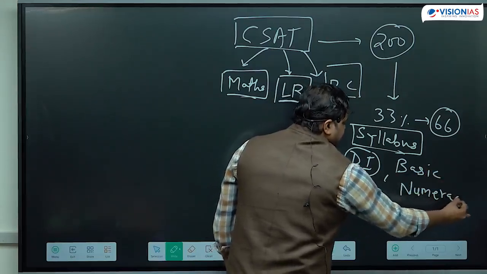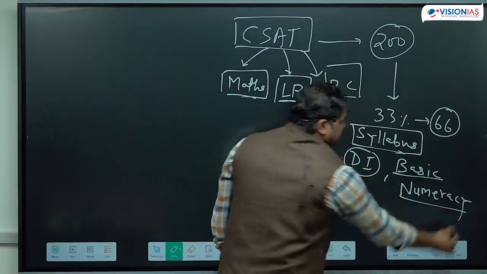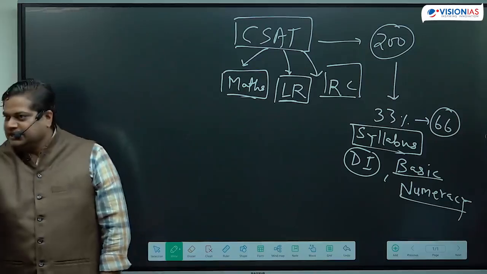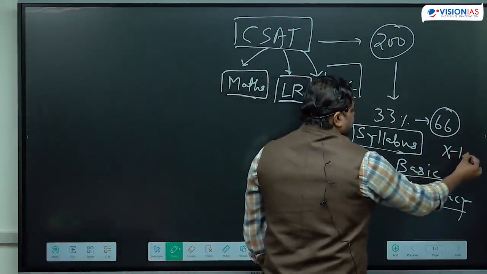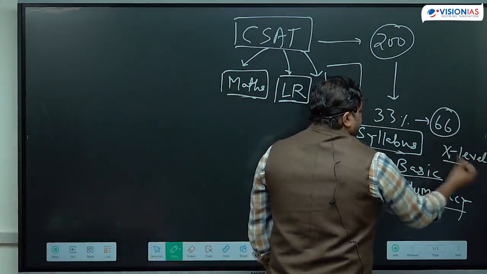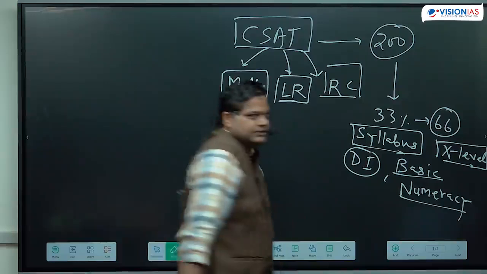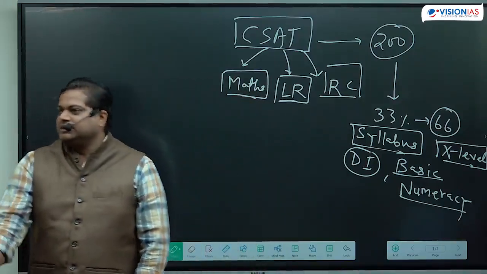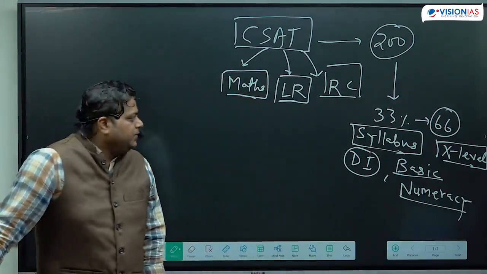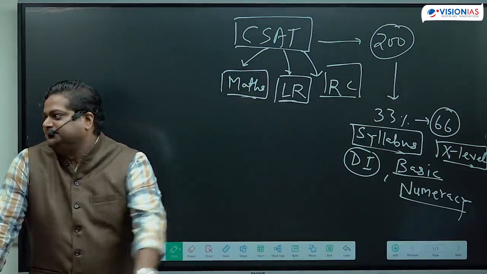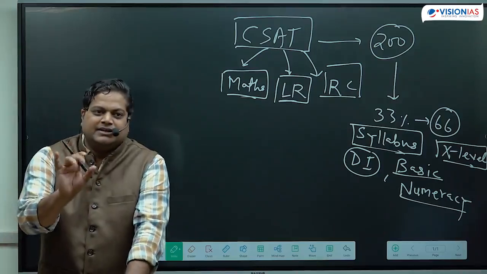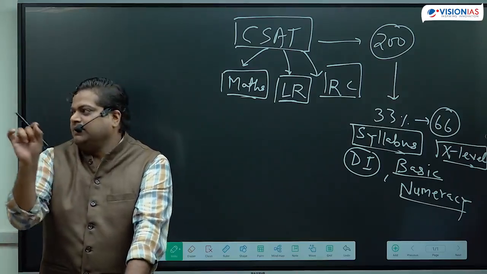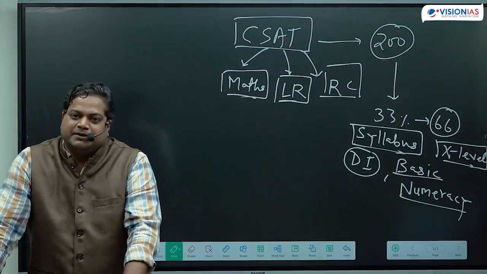It is written कि basic numeracy से questions will be asked. Basic numeracy, and then it is written class 10 level. So in the syllabus itself it is written कि we are not going to ask beyond this 10th level difficulty. Difficulty नहीं लिखा है, just it is written कि 10th level वाली questions आएंगे पेपर में.